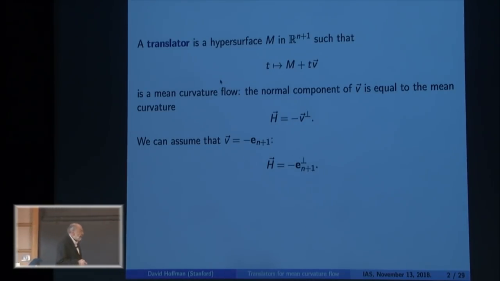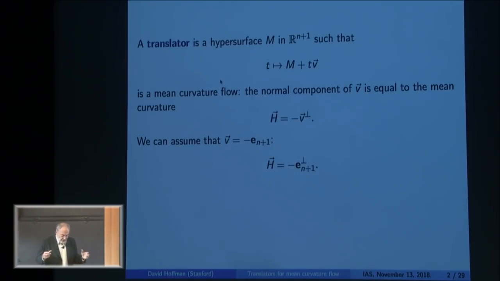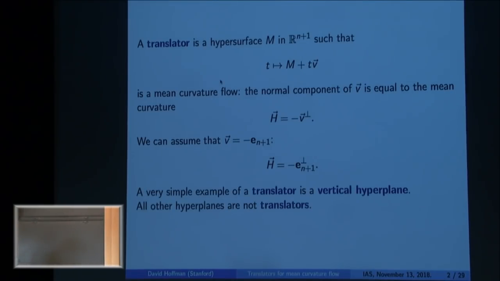This equation here is a central equation. So basically, there are things when they flow by mean curvature, they translate, and that means that the part of it that looks like it shouldn't translate is absorbed in a diffeomorphism on the surface. Okay. A simple example of a translator is a vertical hyperplane.